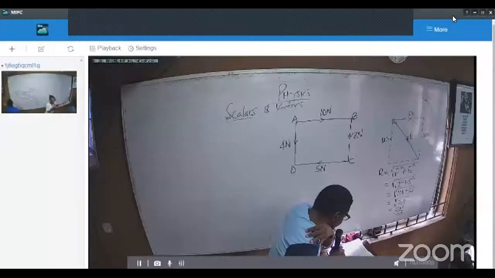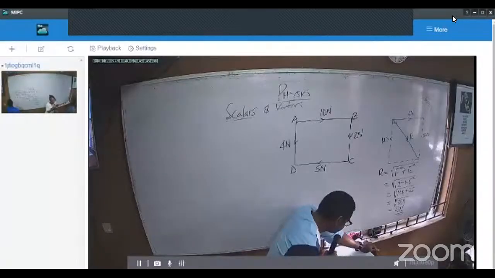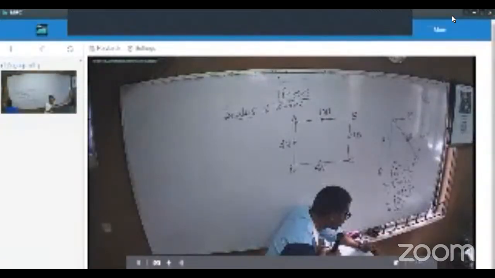A force of 200 Newton is used to drag a body horizontally.